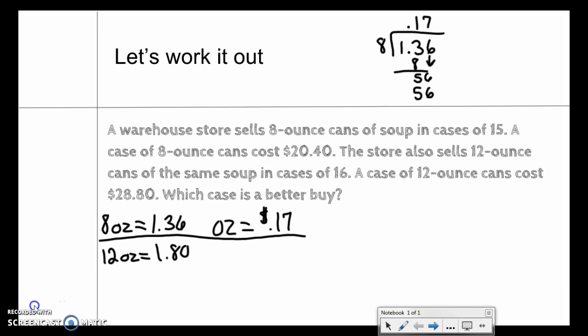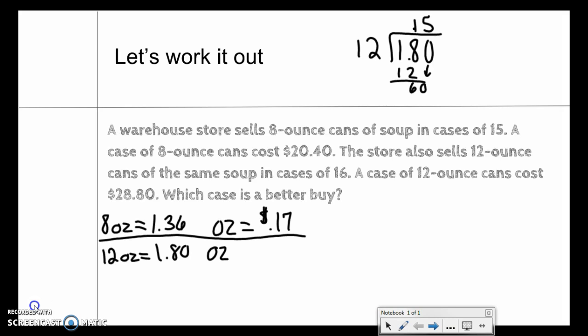Now you gotta figure out which one's better. Now let's try the 12. We have $1.80 broken into 12 parts. 12 goes into 18 once, which is 6. Bring down your 0. 12 goes into 60 5 times.